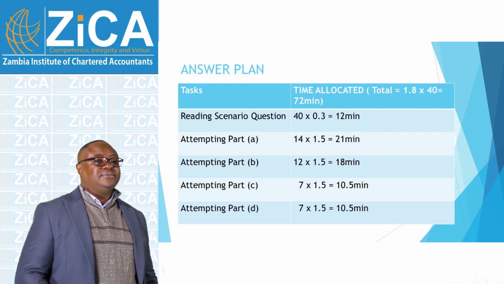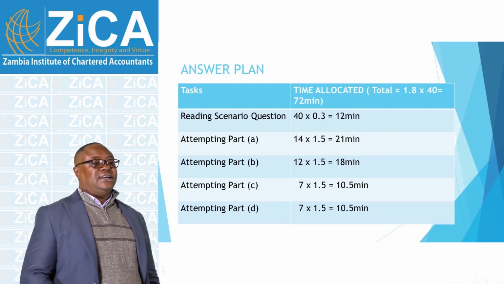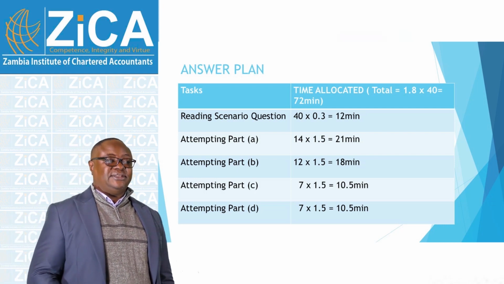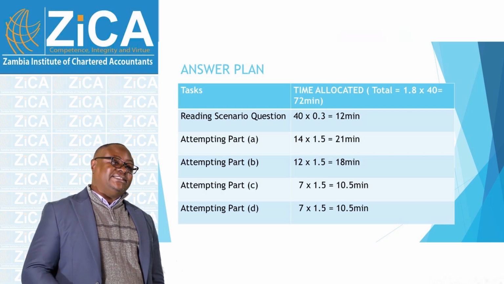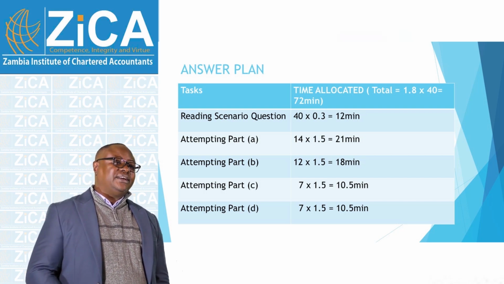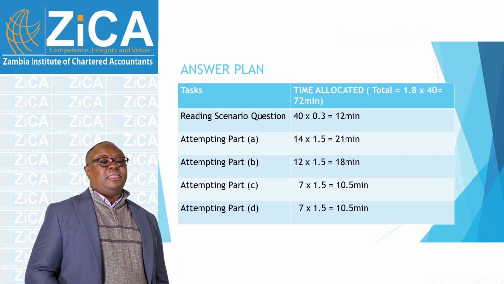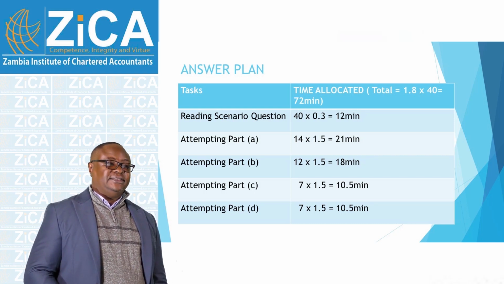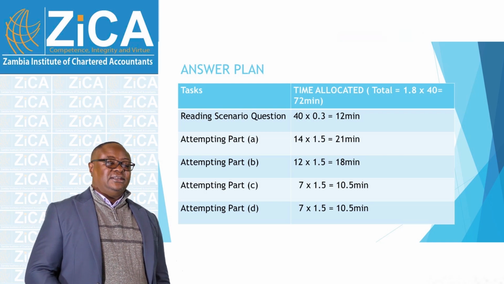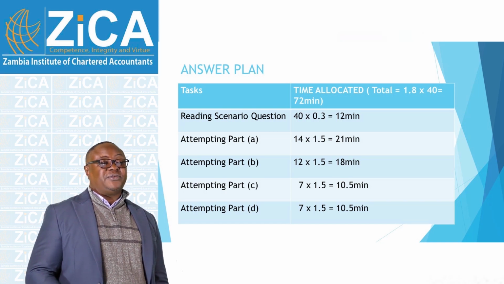You can allocate reading time to the scenario because you need to understand this scenario. So you can probably use the 0.3. And when you multiply 0.3 by 40, it gives you 12 minutes.